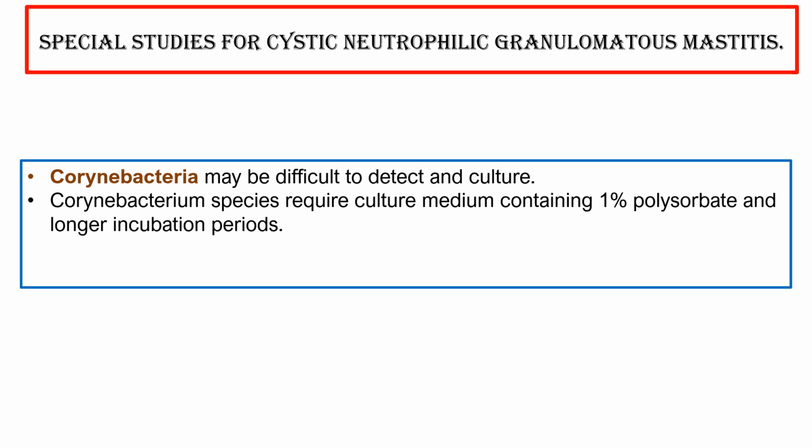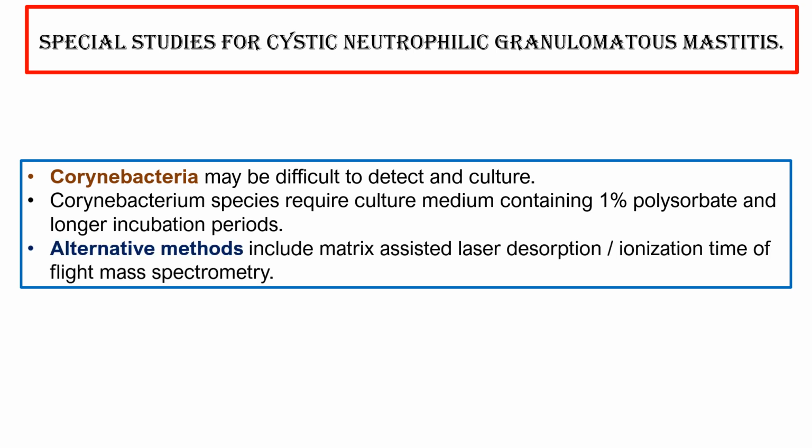Corynebacterium species require culture medium containing 1% polysorbate and longer incubation periods. Alternative methods include matrix-assisted laser desorption ionization time of flight mass spectrometry.